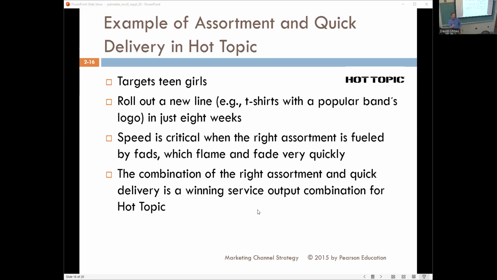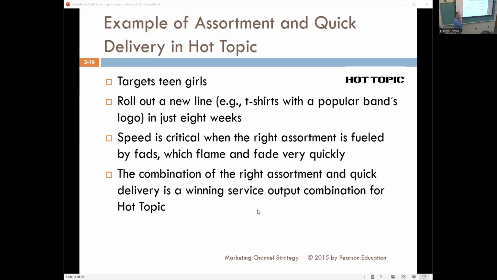Hot Topic kind of threw that away. Hot Topic can put these goods together in less than 2 weeks, that can hit with a fad. It can explode for a week or two, and then by the end of the month, it's in the bargain bin. But they're able to do that in the right combination with the right assortment, with a quick delivery, and they've been able to do it in a really unique way.